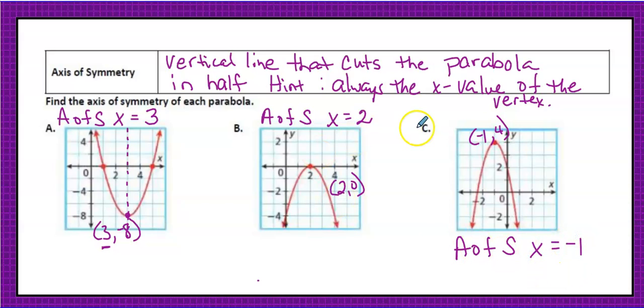That's how you state it. You say x equals, because it's the point where the axis of symmetry would cross the x-axis, right here at 3. This one would cross it at 2, and this one would cross it at -1. And that lines up with the vertex.